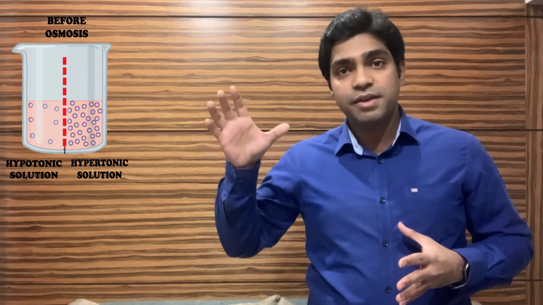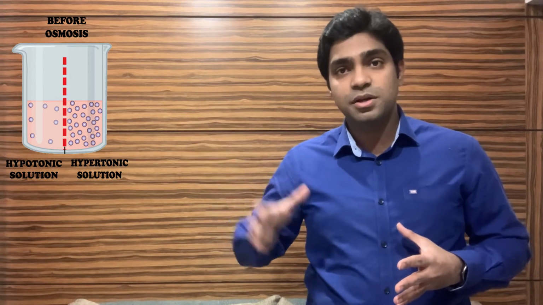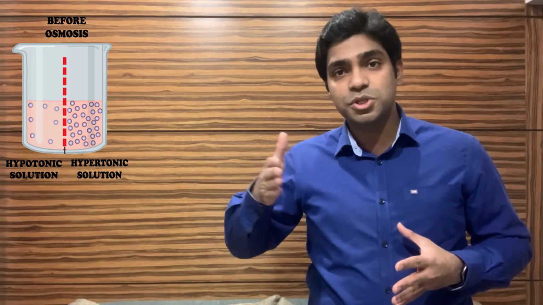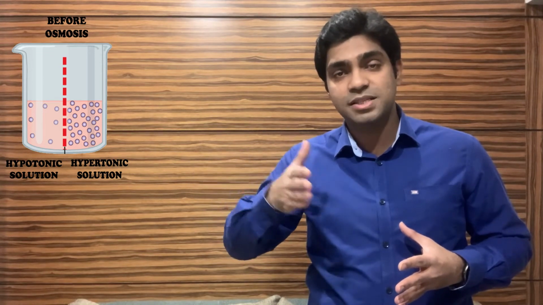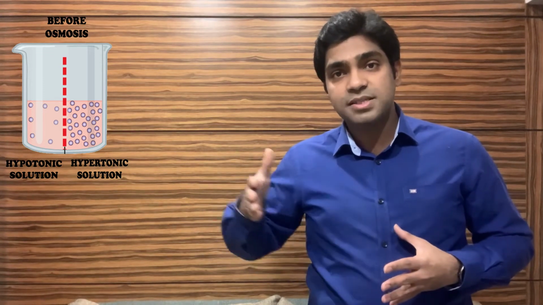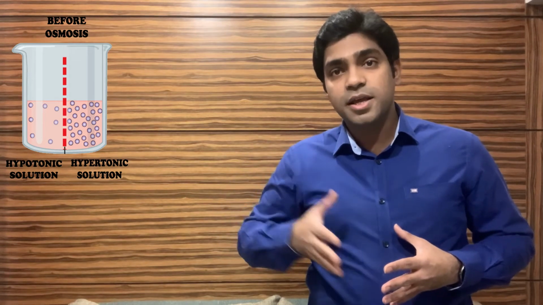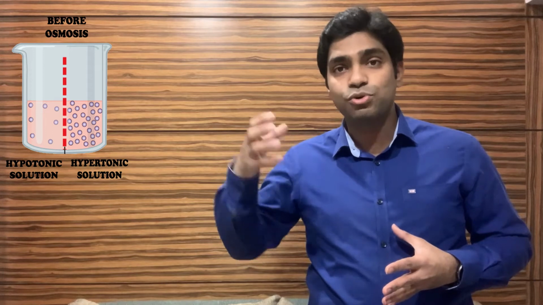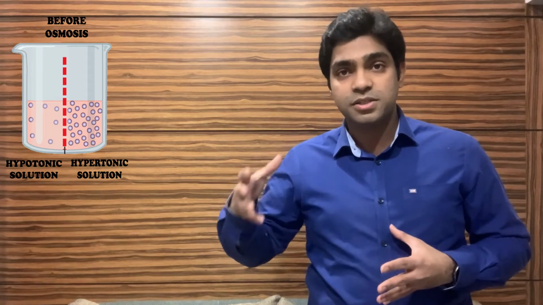To take you back to the science of it, let us understand osmosis, which is basically when you have a glass tumbler with a semi-permeable membrane in between. Semi-permeable means it allows flow of water from one side to the other side. On one side of the semi-permeable membrane, you have a more concentrated solution of water, meaning more salt is added, a hypertonic solution.